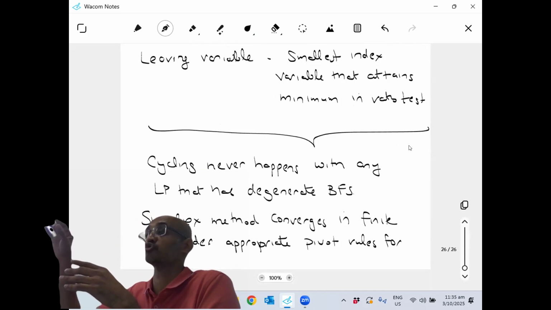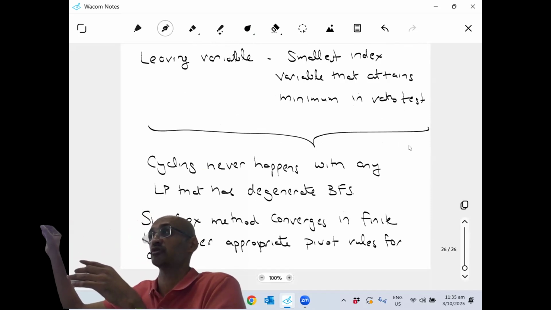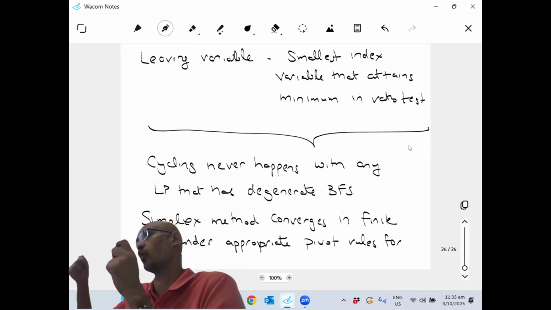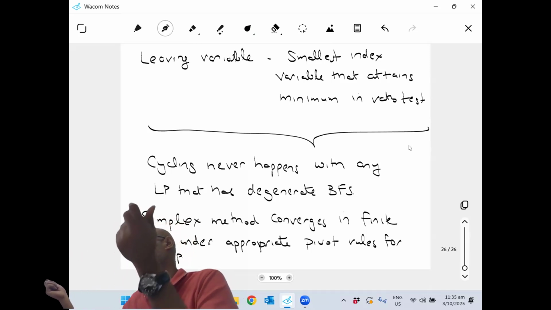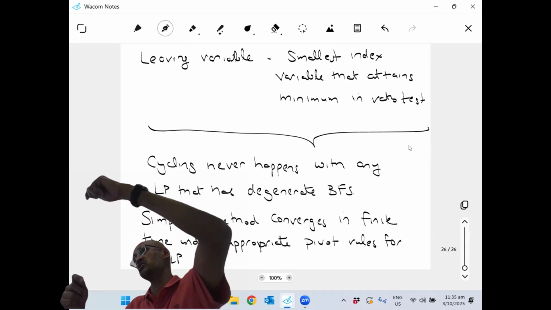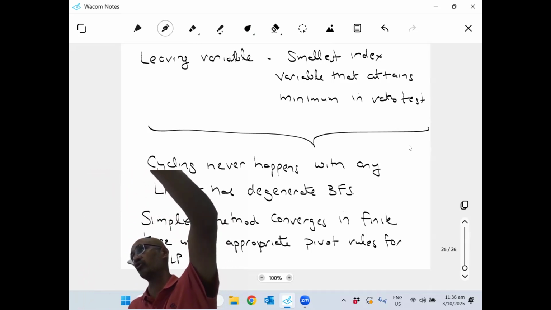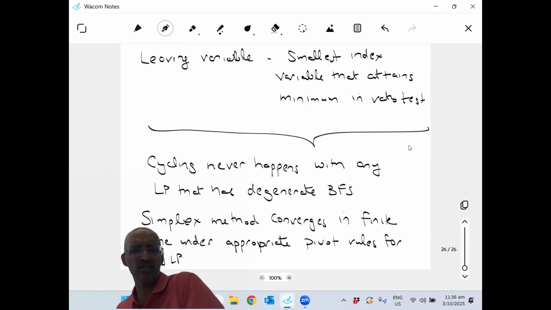What can happen is you might be at a degenerate BFS, and it's not that you're always going to be unlucky. There are times when you might change and exit it too. But I don't think there's any other type of cycling for this example, not in simplex, because in simplex your cost will decrease. So I don't think it's going to happen.